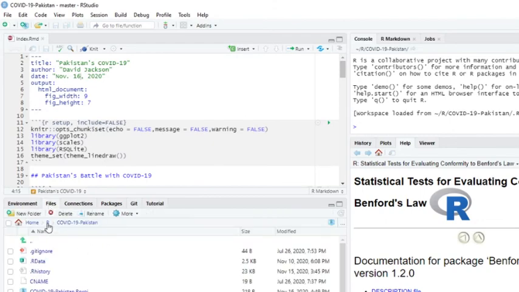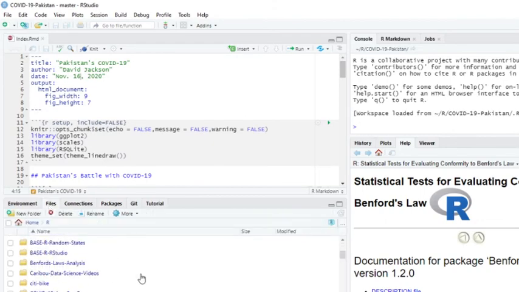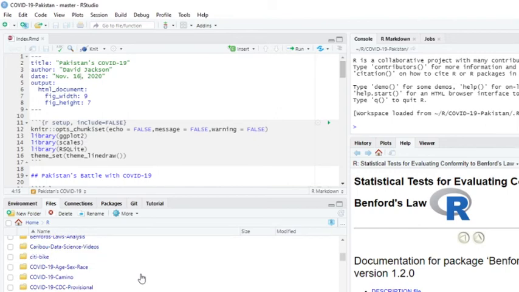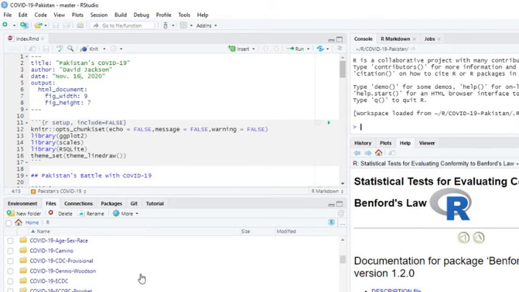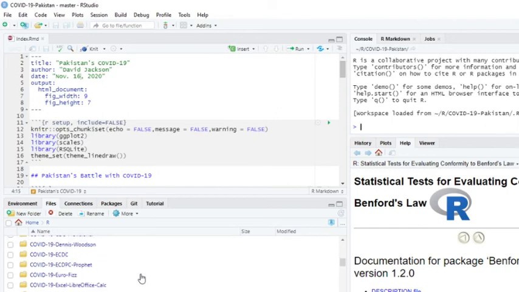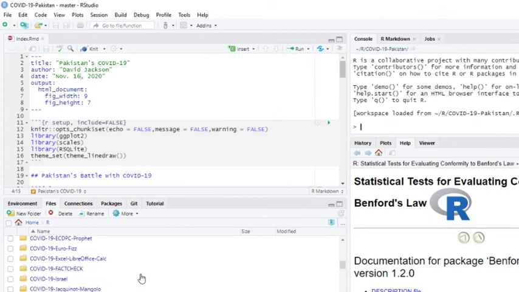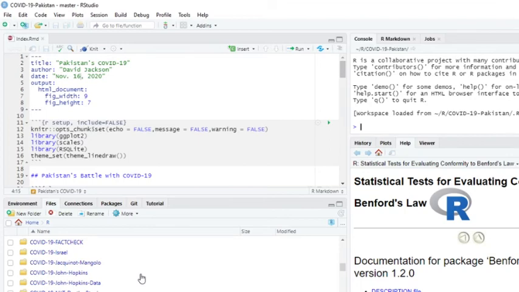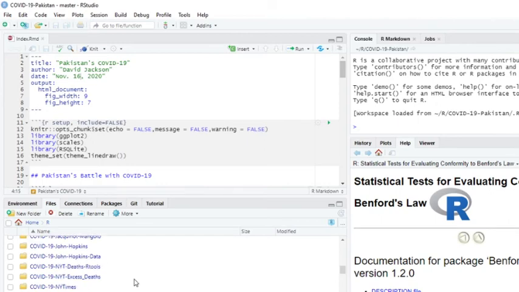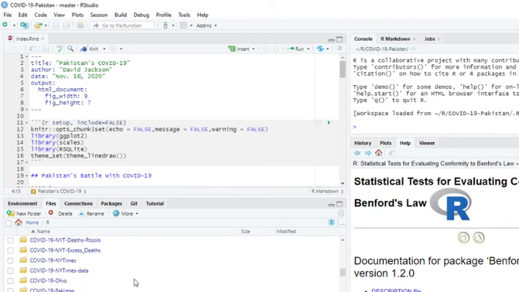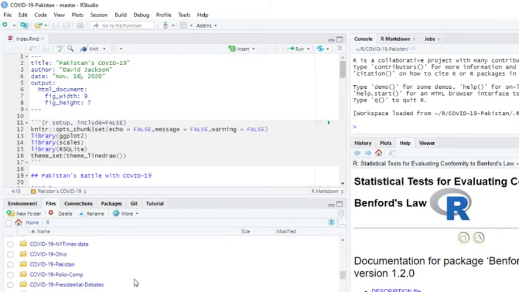Let's see what kind of bonus coverage I can give you here just for the fun of it.